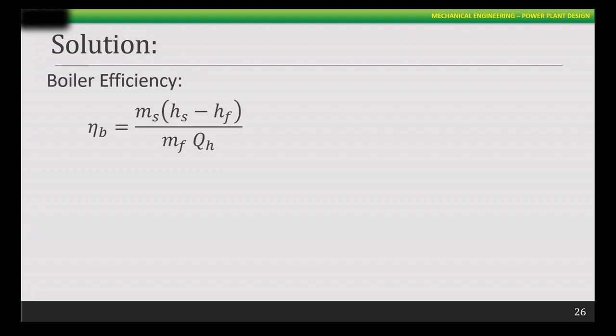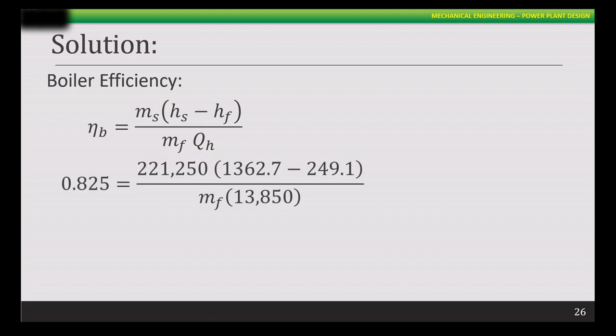Anyway, the boiler efficiency is M sub S times the quantity HS minus HF, divided by MF times QH. We're given the efficiency, the mass of steam, the enthalpies of the steam and feed water, and the heating value. So we can transpose the terms to get MF.